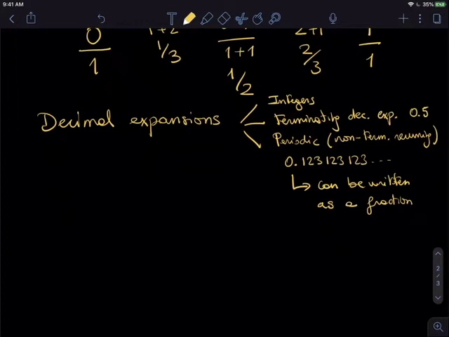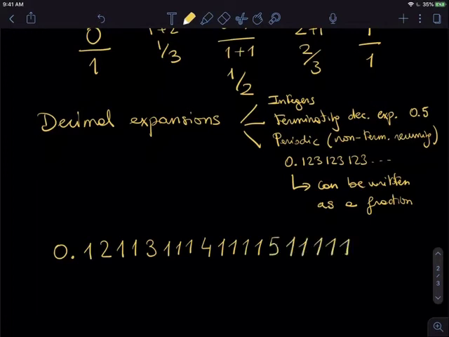What happens with a number that is, for example, let's say 0.1, and then I write a number 2, and then 2 ones. Then a number 3, 3 ones. A number 4, 4 ones. What comes next? Number 5, and then 5 ones, and so on.